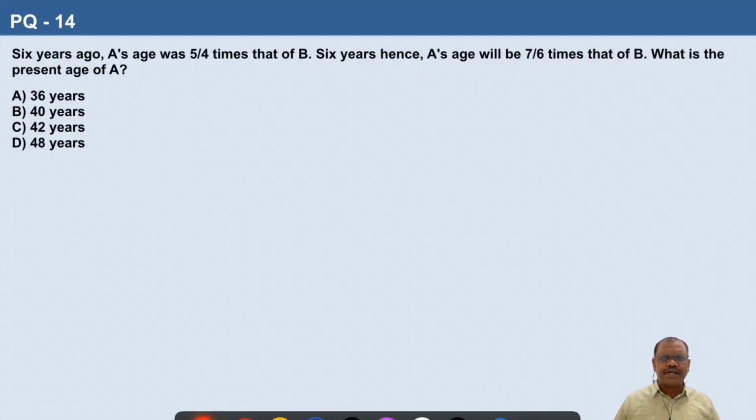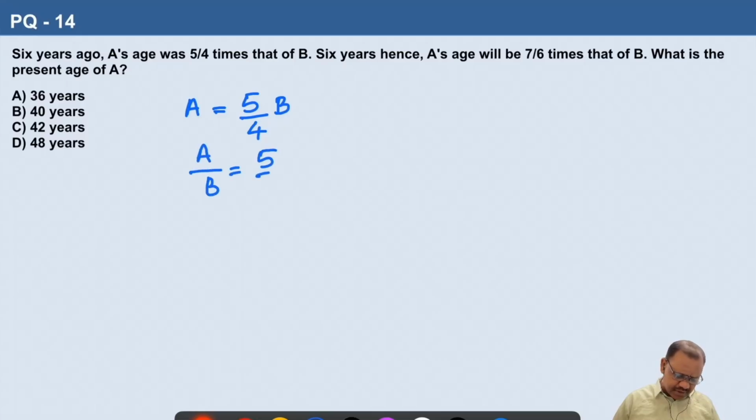Question number 14. 6 years ago, A's age was 5 by 4 times that of B. So let us assume the ages 6 years ago as A and B. A is 5 by 4 of B. So A by B is equal to 5 by 4.